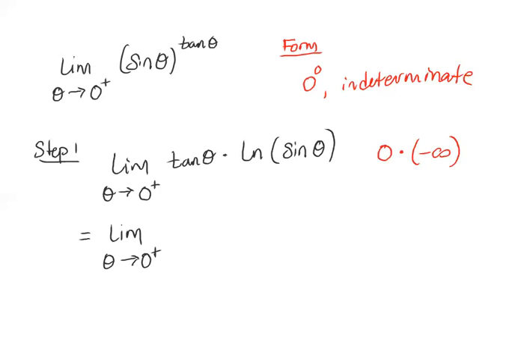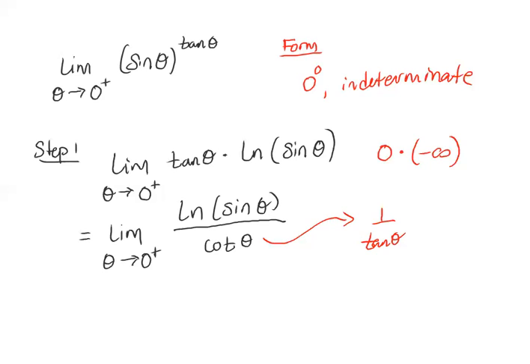The limit as theta approaches 0 from the right of tangent theta times natural log of sine theta, I could rewrite as limit as theta approaches 0 of natural log of sine theta over the reciprocal of tangent, which happens to be cotangent of theta. I'll just make a note there. That is because 1 over the tangent of theta is equal to the cotangent of theta.